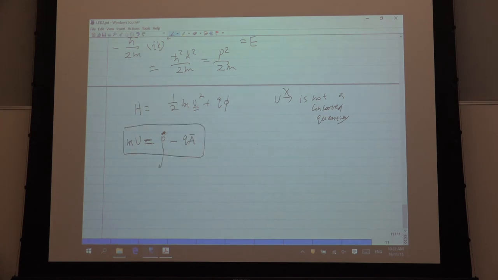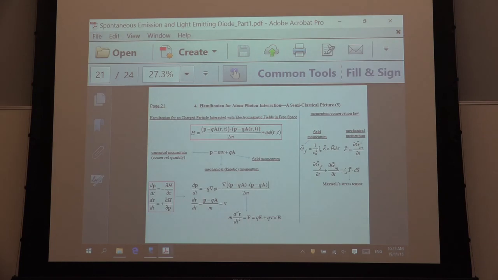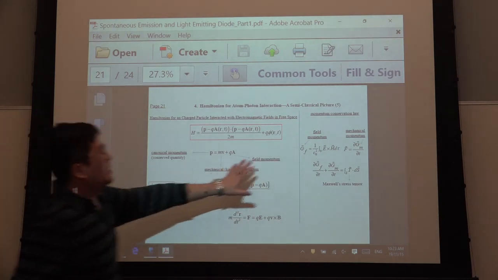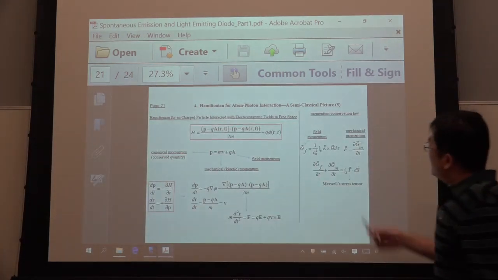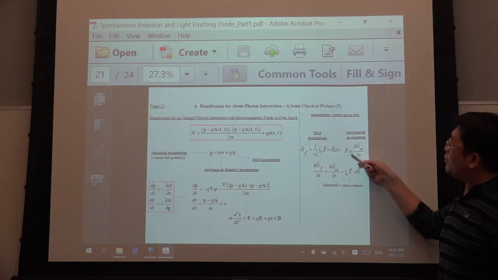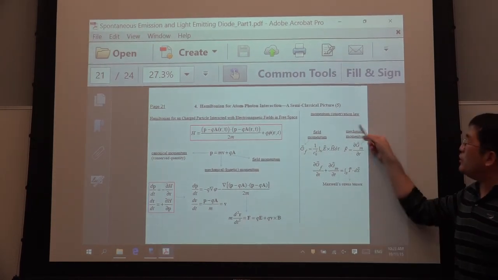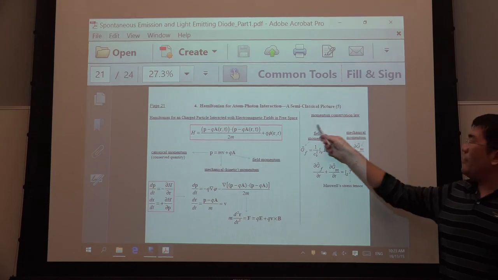The P here is the canonical momentum. This is very similar to the momentum conservation law. The mechanical momentum, the kinetic momentum, is from qE and qvB. But the field also has momentum.